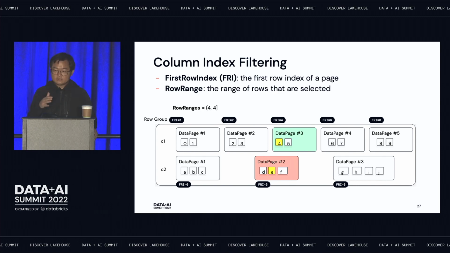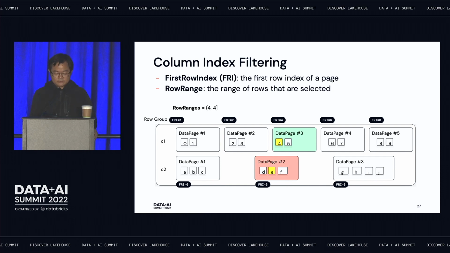Because rows are sequentially ordered, you need to remember what the first row is for each page in order to skip records within a page. And the row range is a range of rows that you need to select after applying the column index filter.